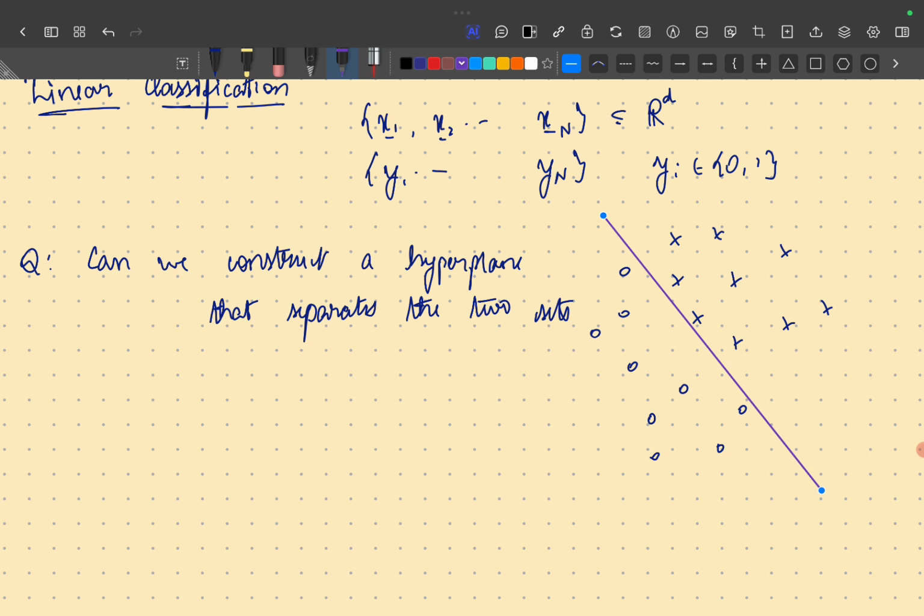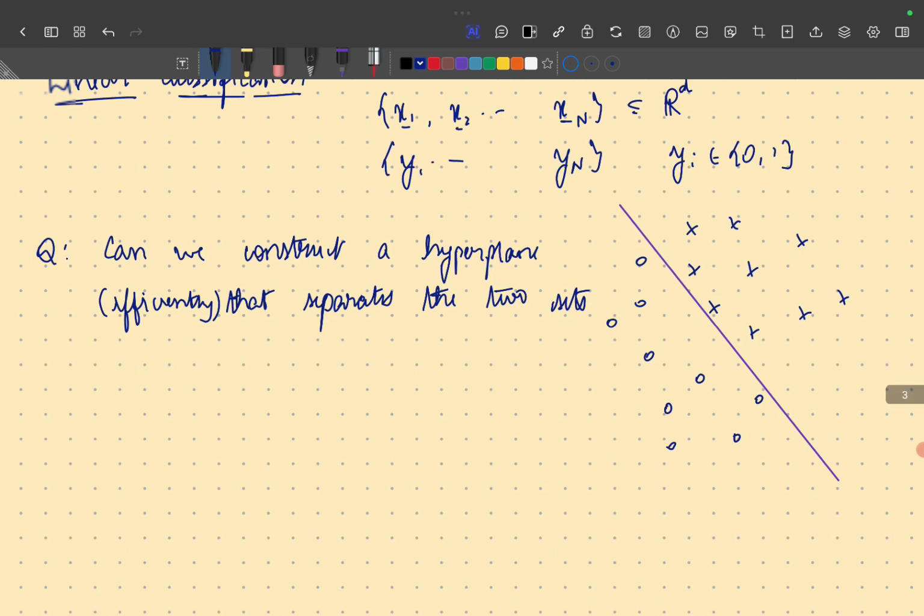In this specific example, it turns out that we can. But it's not just enough to be able to construct a hyperplane, we also want to do it efficiently, with as low computational complexity as possible.